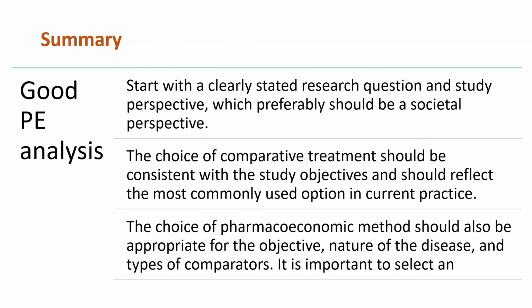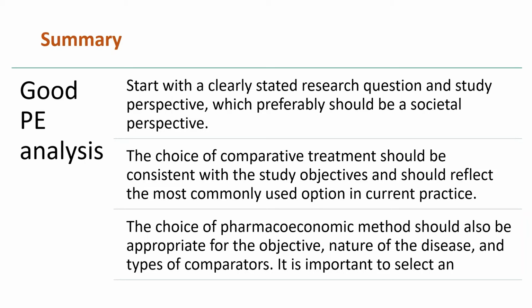Next, please. So, in summary of this part, any good pharmacoeconomic analysis should start with a clearly defined research question and a clearly defined perspective. Are they going to take a social perspective or a healthcare system perspective? However, it is preferred that you have a societal perspective because it considers all the impacts of the intervention and everything in the society.